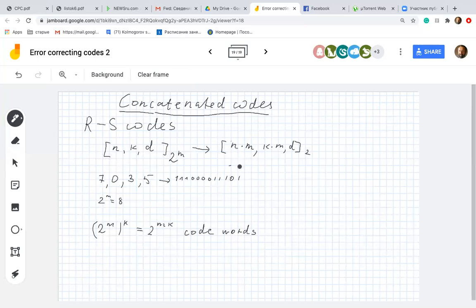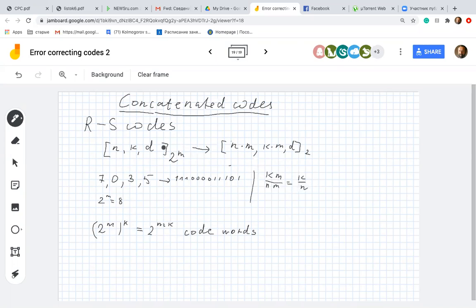So what can we say about this transformation? The rate remains the same. We have the rate k over n, and the new rate is km over nm, which is the same as the initial rate.